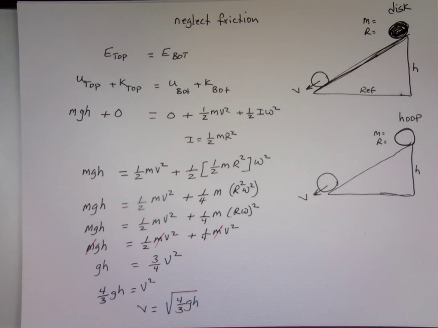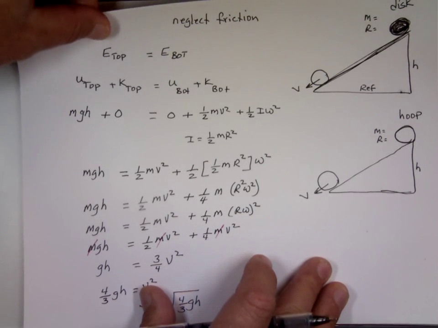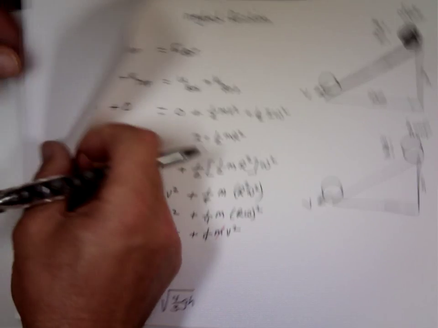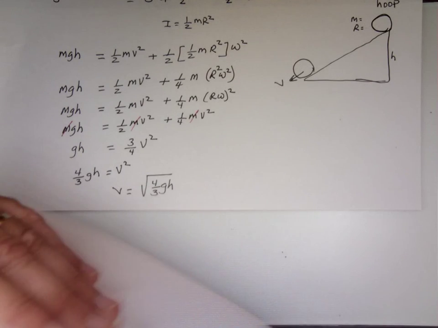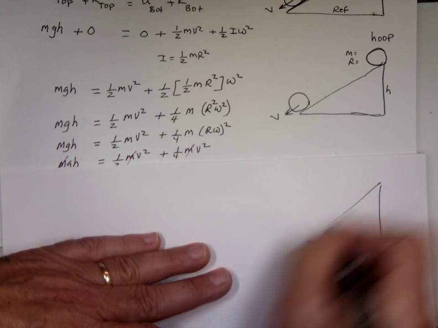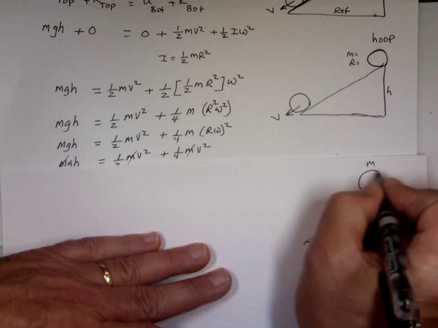So let's repeat the process now with the hoop. This one was with the solid disc. Now repeat the process with the hoop and calculate the velocity for the hoop. Same mass, same radius, same table. The height is the same. The mass is the same and R is the same.